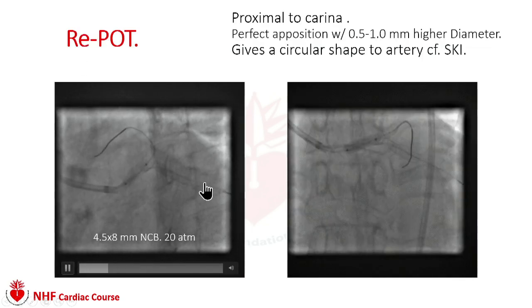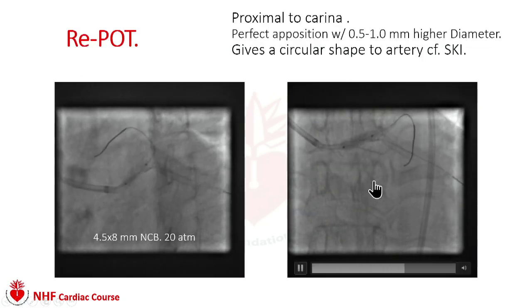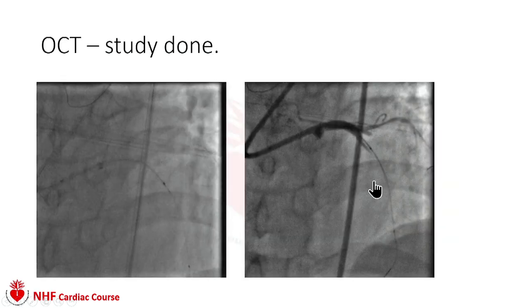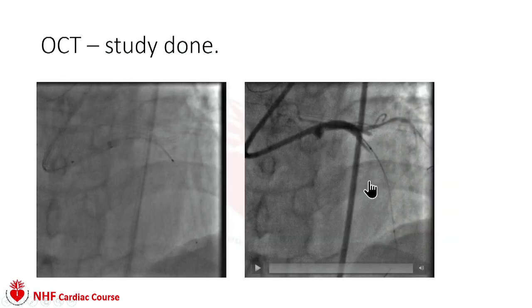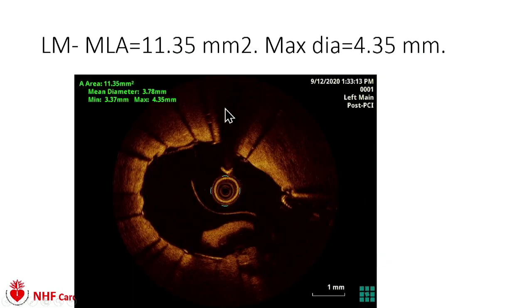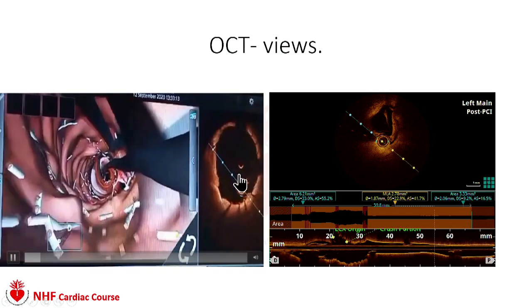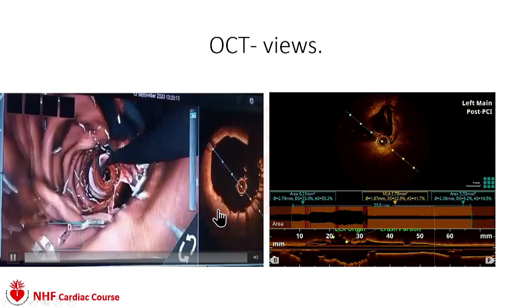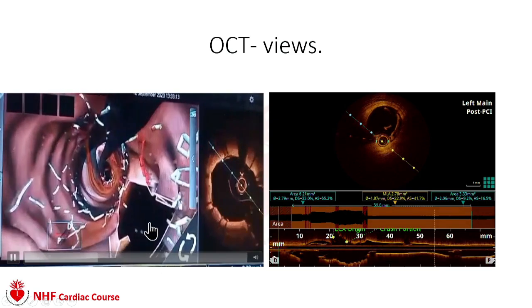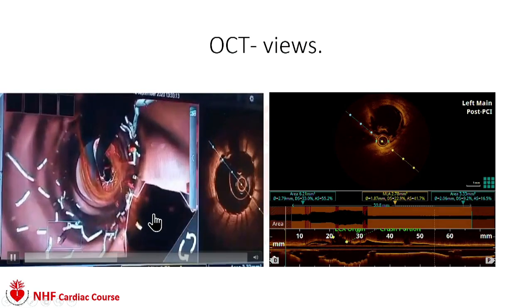Then re-POT, this is the final POT, and imaging is definitely important. First IVUS, and subsequently we did OCT also. One important thing for OCT or IVUS is the carina. Here the left main area was more than 11, and LAD diameter was 4.35, and this is the inner view. If you see, the carina is very important here. This is the LCX.